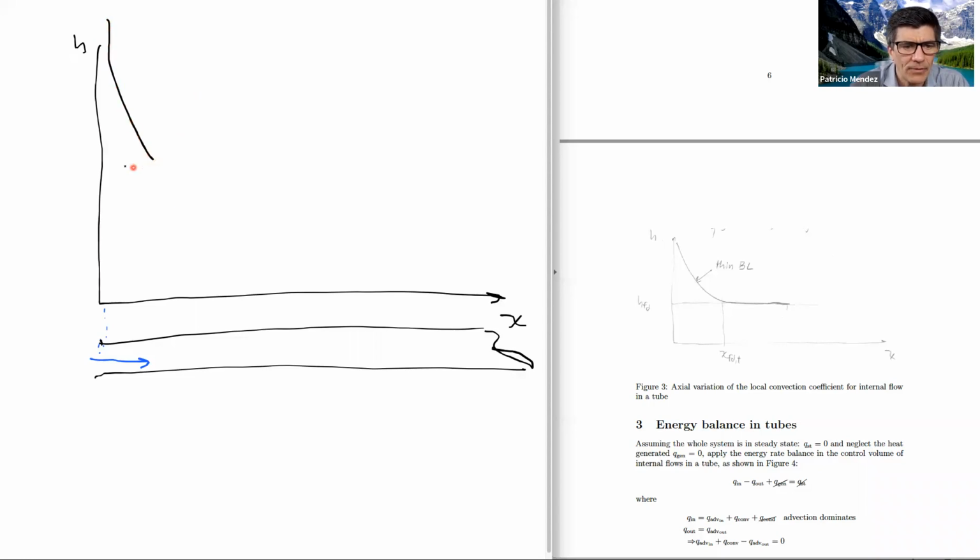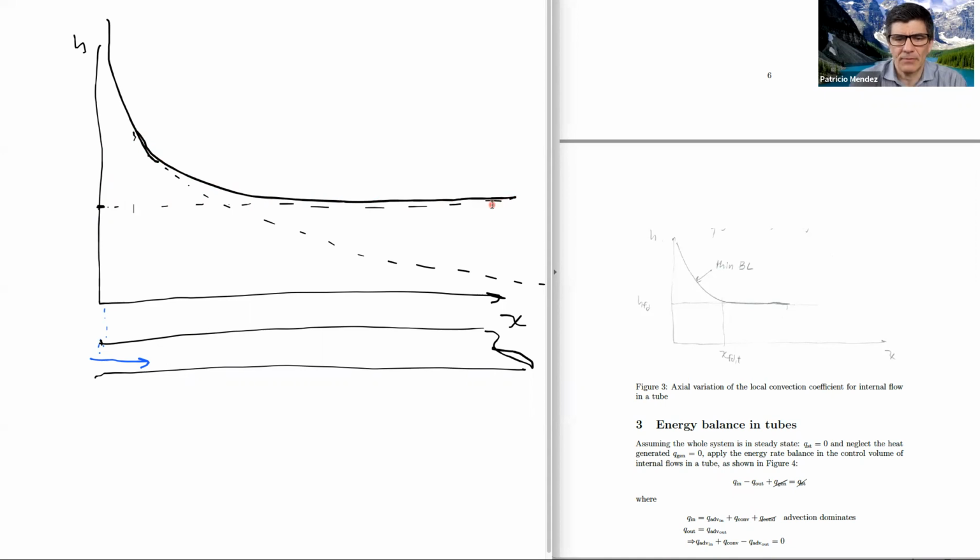In the case of a flat plate, we saw that this would come down asymptotic to 0. But in the case of a pipe, we have a value at which the two boundary layers collide, they stop increasing in size, and then we get a constant value.